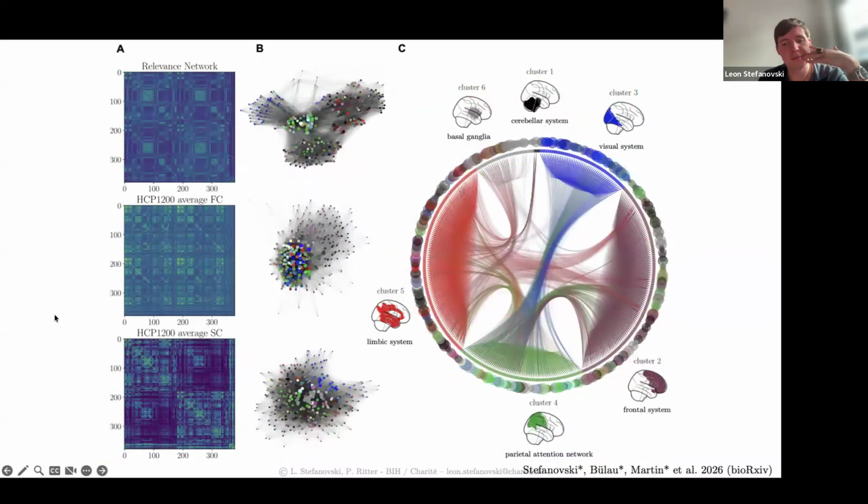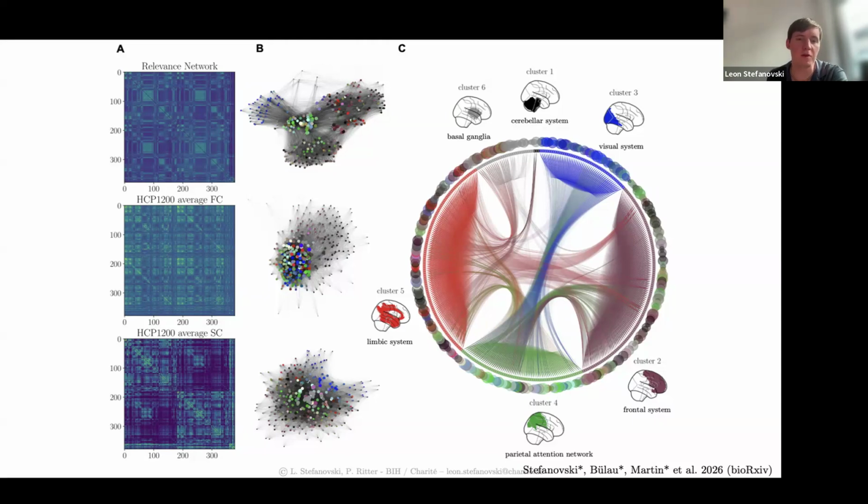Yeah, we also played around a bit and were able to derive even a new modality, which we call relevance networks, which is actually, you can imagine it like when we would do a task fMRI with all kinds of words. So we just look which brain regions are connected by being involved with the same concepts of a word.